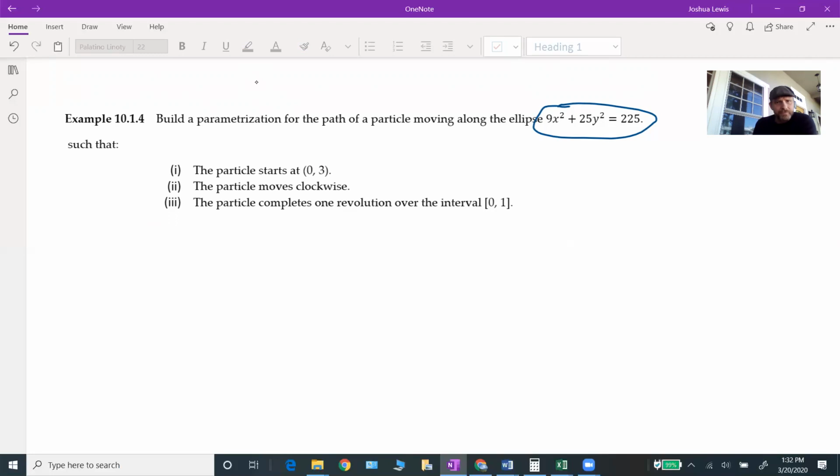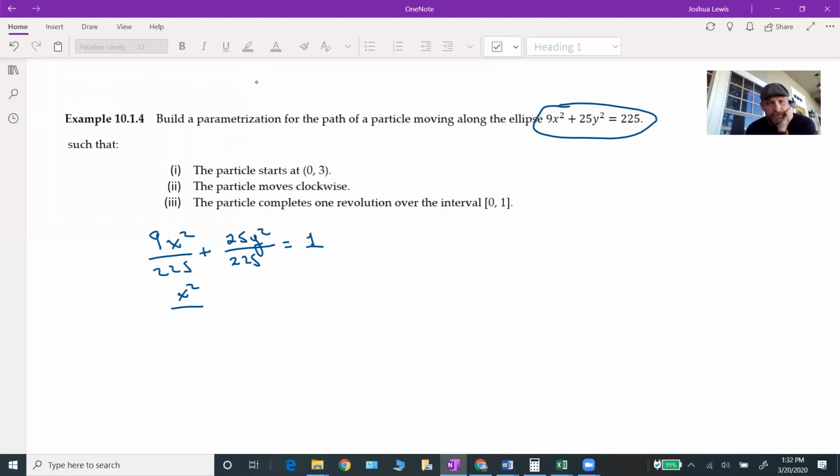So if I were writing it in standard form, then we would divide both sides by 225. And when this reduces, we would get x squared.